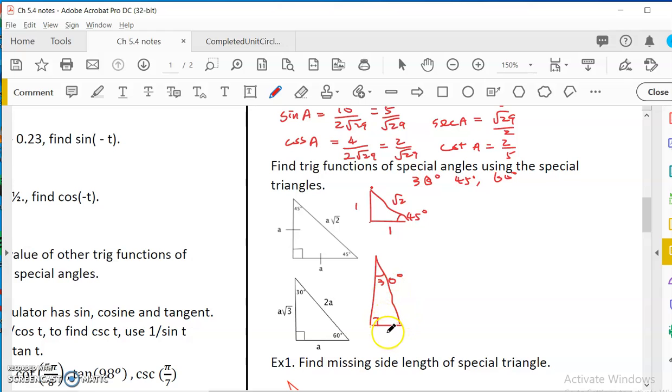For that one, if the shortest side is A, we would have the relationship A, A root 3, and 2A. So if I have 1, the hypotenuse would be 2, and the long leg would be root 3. We call the two sides of a right triangle legs. So this is the long leg and this is the short leg. So we have these two relationships.